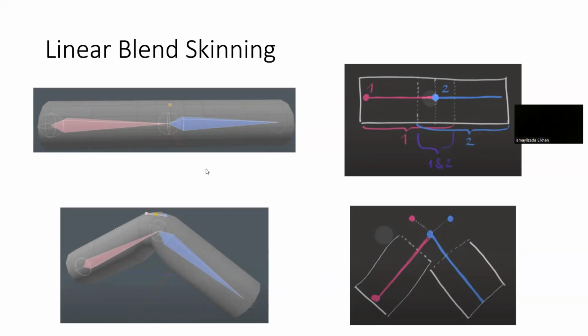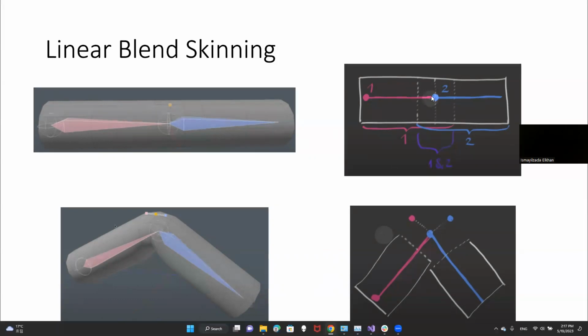For an illustration of this, you can look to the right. Let's say points 1 and 2, and then you twist them. Let's assume that both vertices 1 and 2 have the same linear blend skinning weight.